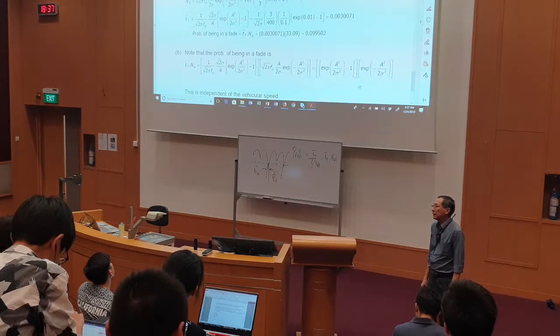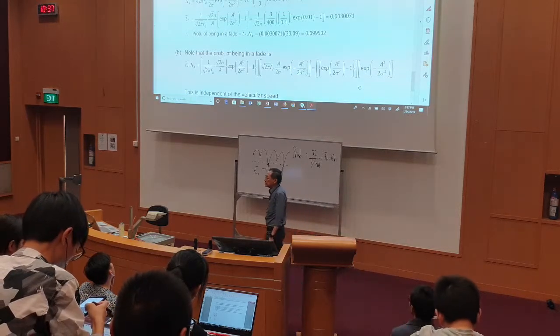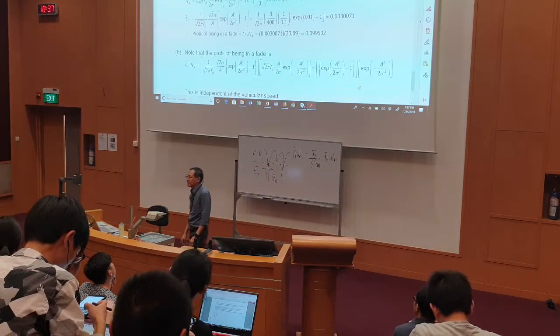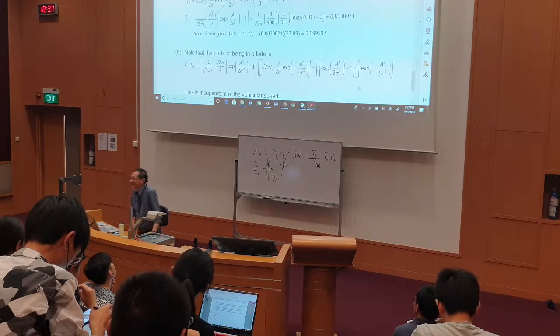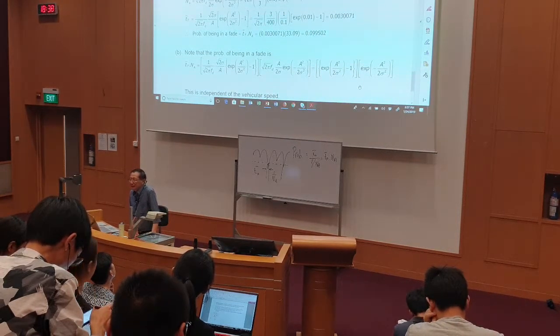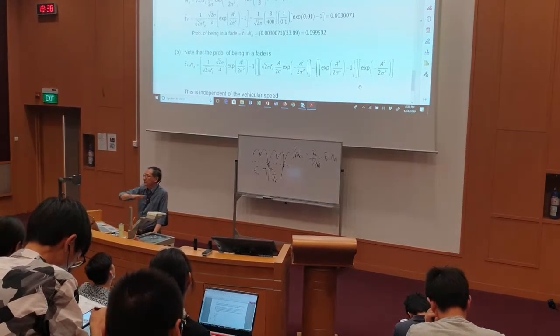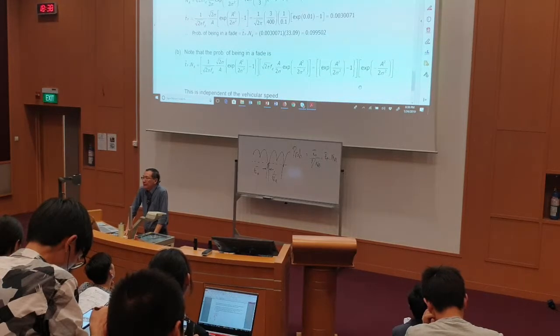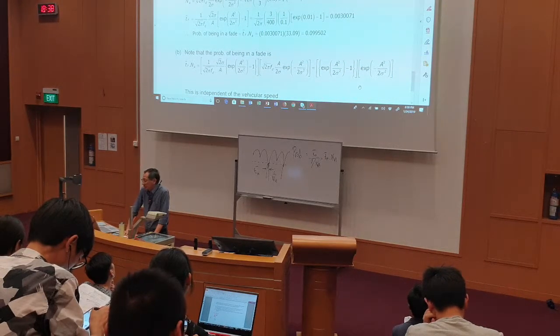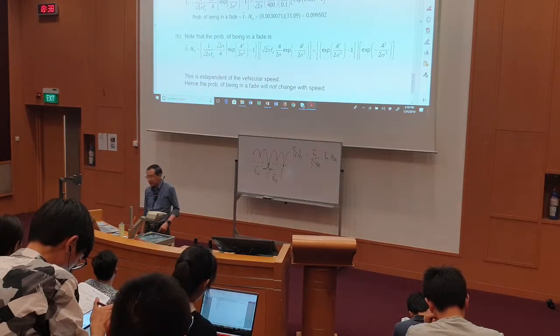It only depends on the normalized fade margin. Interesting, eh? The probability of you being in a fade is only dependent on the normalized fade margin, not the speed. It is independent of the speed.